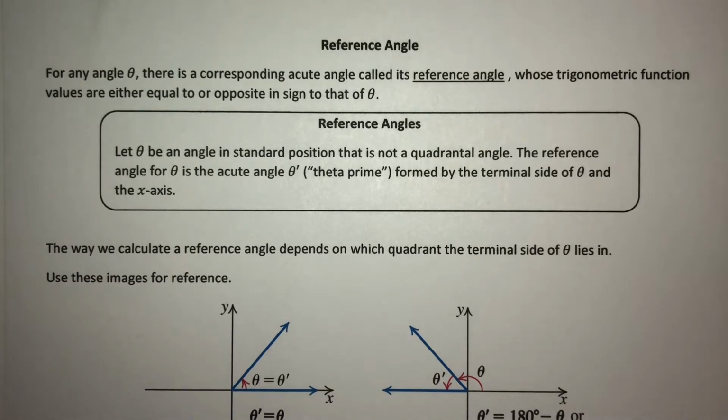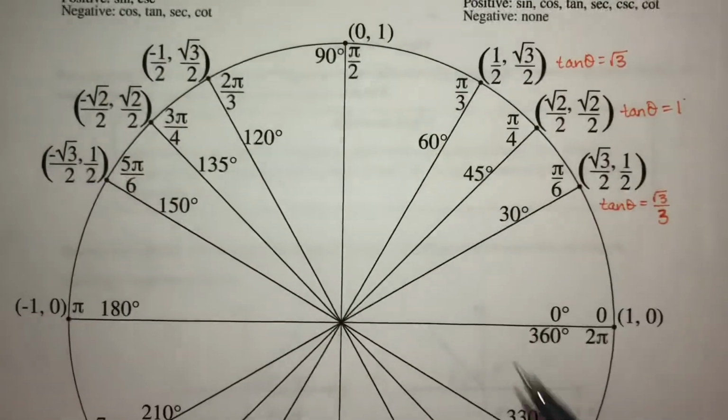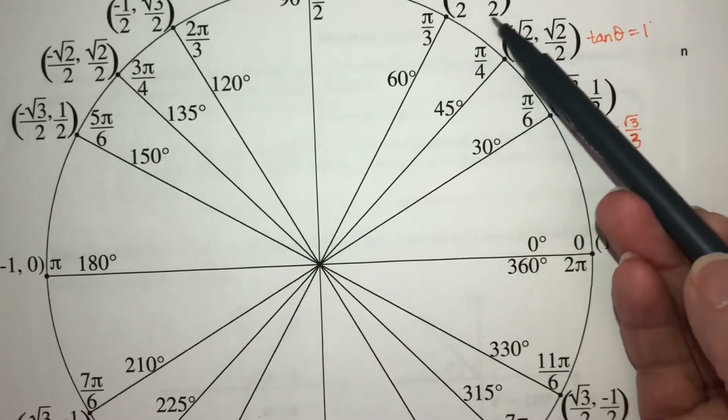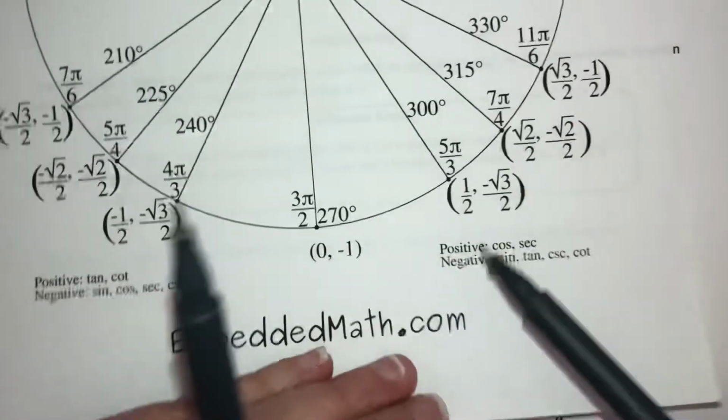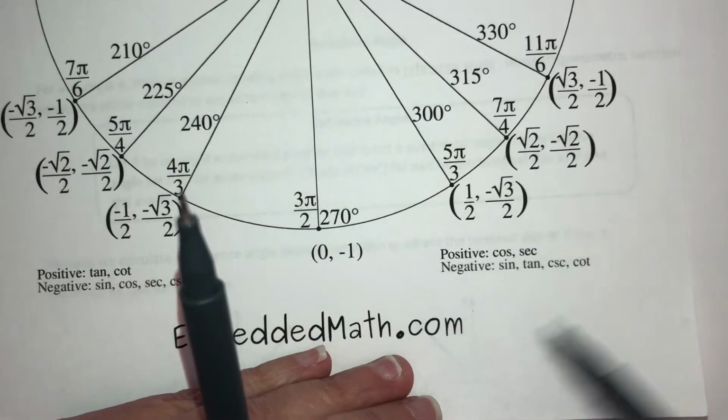We already know that there is symmetry when it comes to our trig functions. If we're, for example, looking at our unit circle, our number values here and here, here and here, are all the same except for the signs.